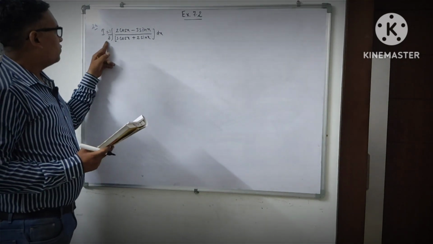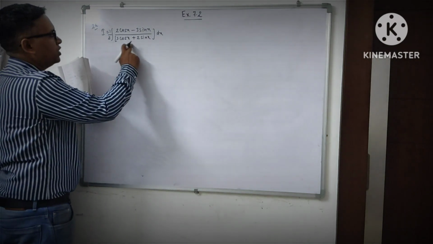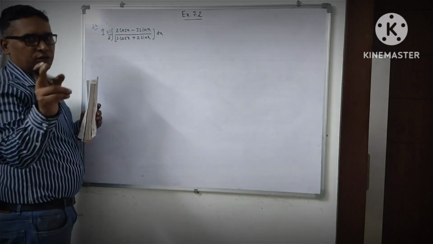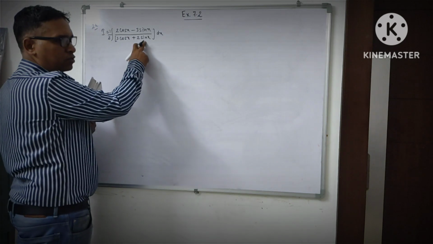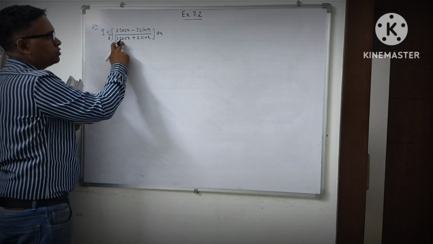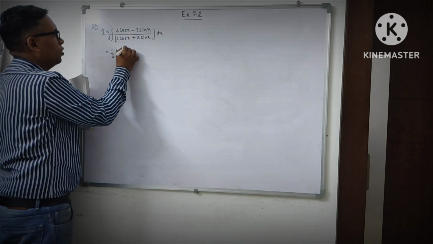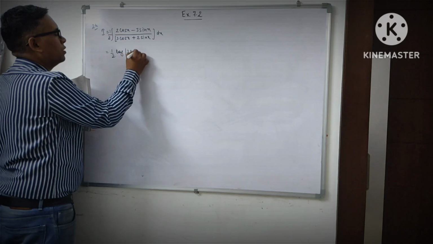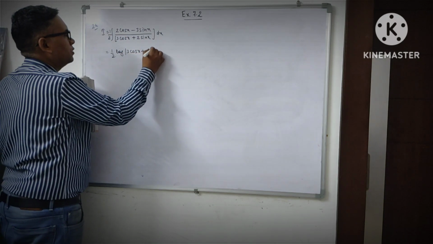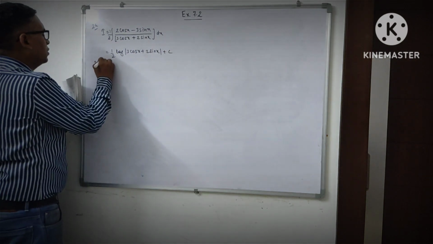After taking 2 common from the denominator part, children, just see that the differentiation of the denominator part is available in the numerator. 2 sin x, the differentiation is 2 cos x, and 3 cos x, the differentiation is minus 3 sin x. So again, my trick, we can write directly log of the denominator part. So children, this completes question number 24th.